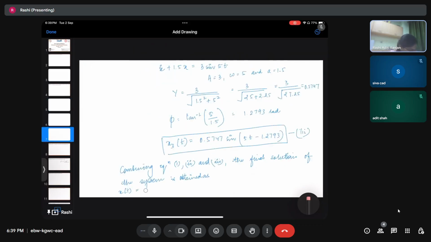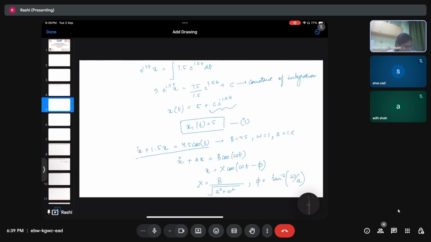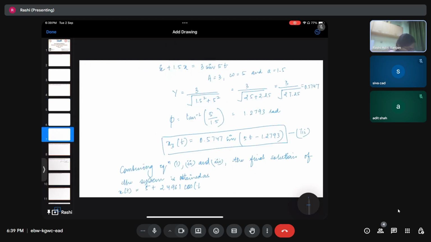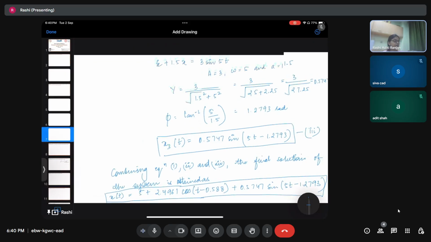Okay, I'll just write 5 plus 2.4961 cos of t minus 0.588 plus 0.5747 sine of 5t minus 1.2793. So this is the final solution.